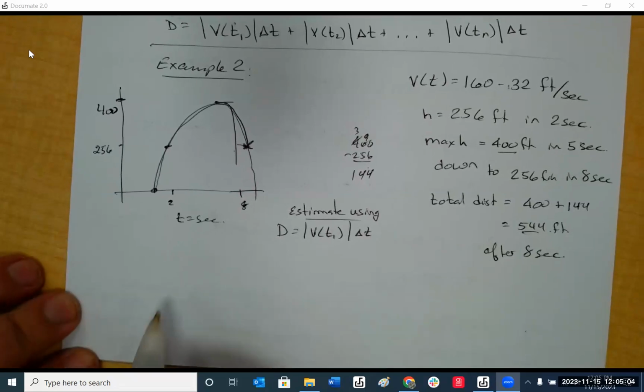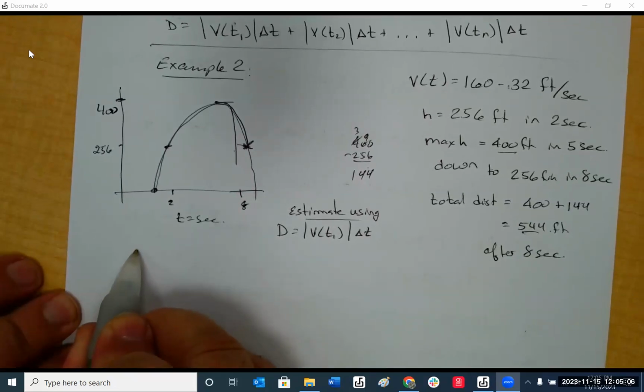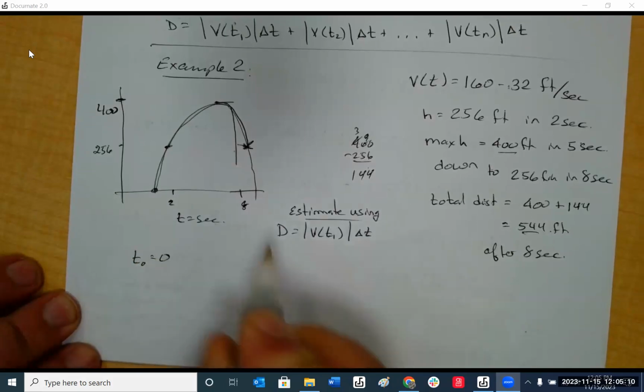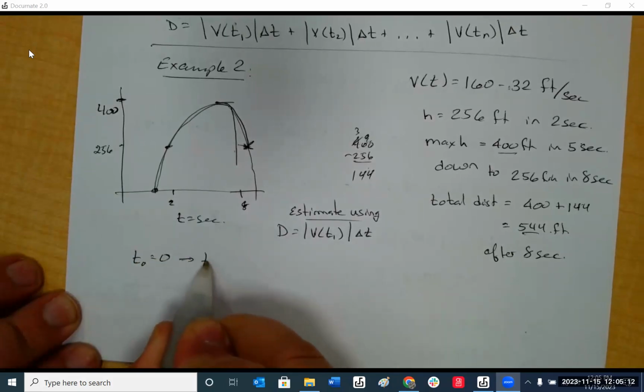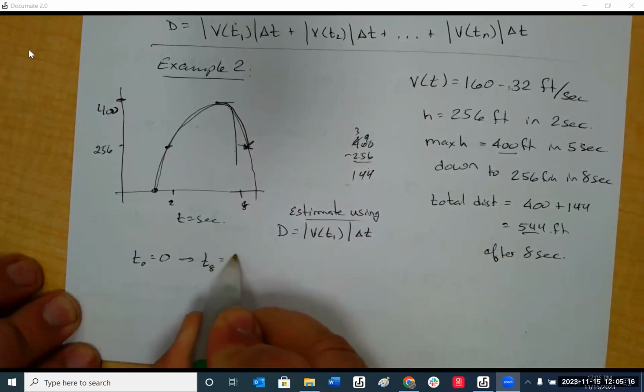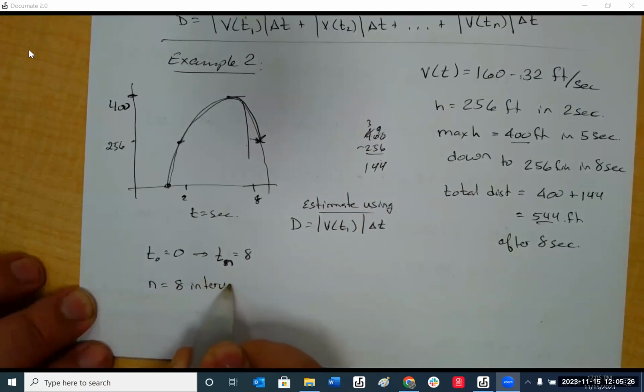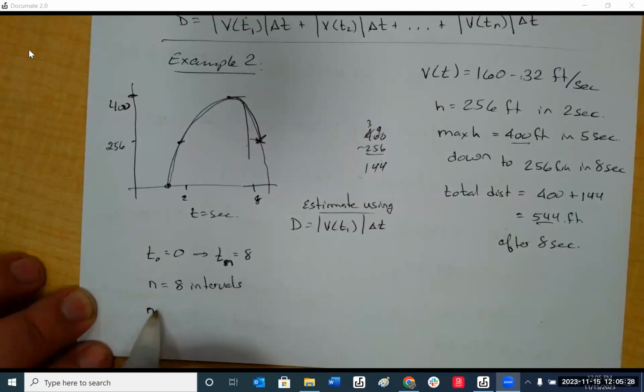Okay. So from t equals 0 to t equals 8 seconds, we could do it in 8 intervals, or we could do it in 16 intervals.